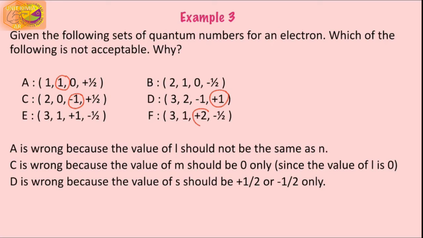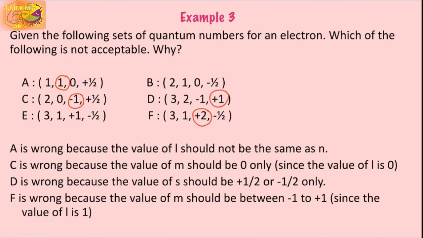F is not acceptable because, as we can see here, the value of m is +2, while the value of l is 1. So, F is wrong because the value of m should be between -1 to +1, since the value of l is 1.